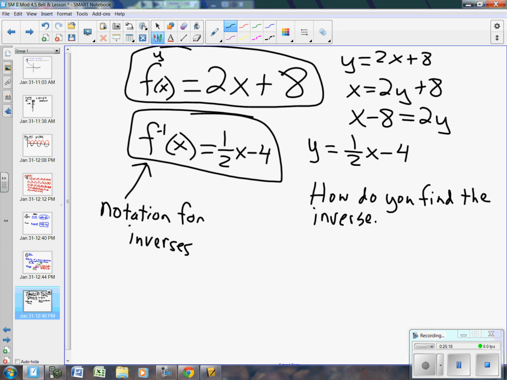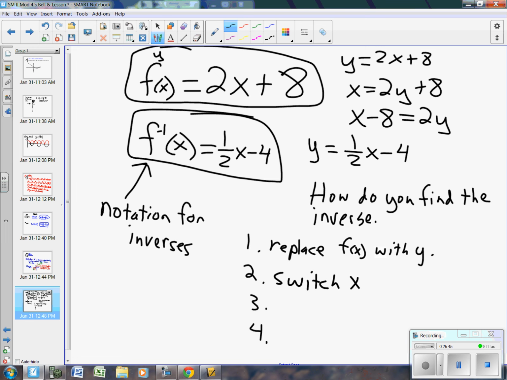Okay? Finding the inverse. So there's 4 steps I always teach all my students to finding an inverse. You guys ready for them? Number 1, replace f of x with y. What do you think step 2 is? Switch x and y. Good. What's the next step?